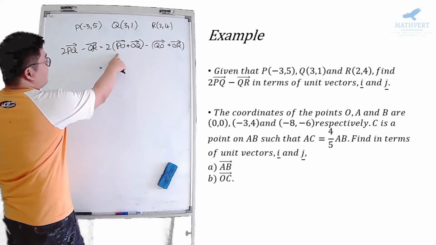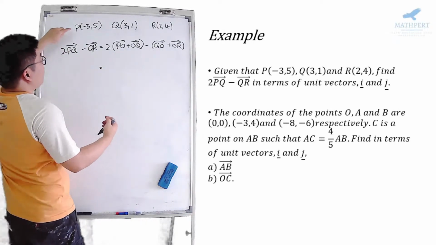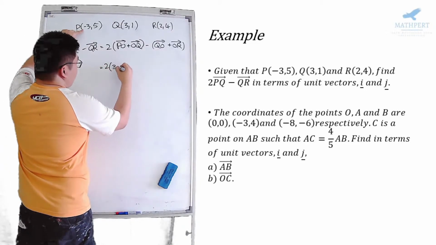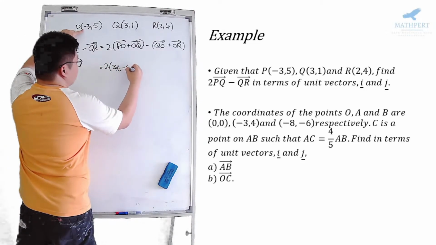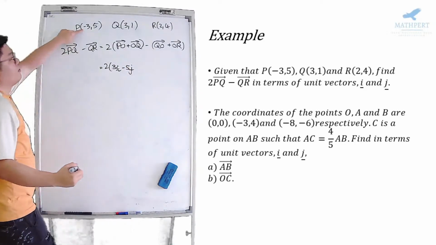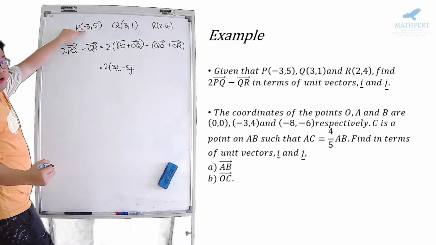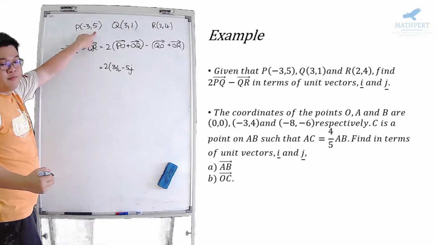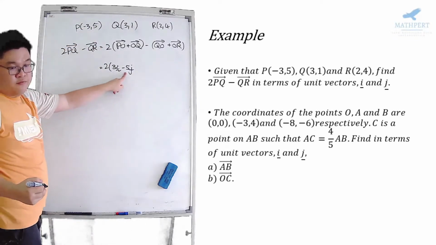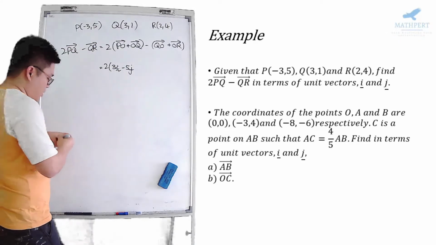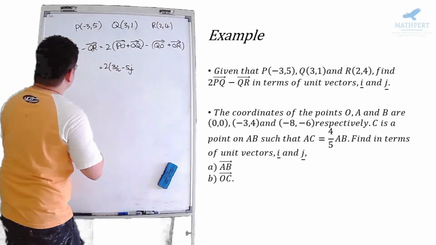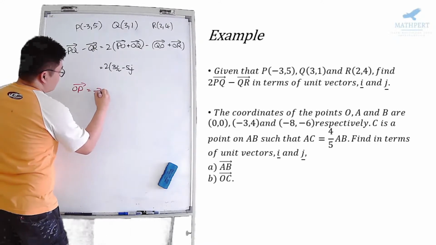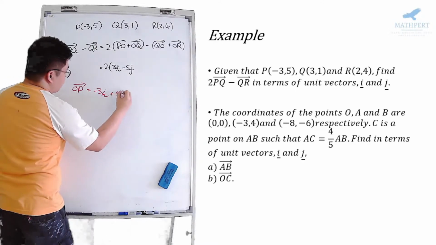PO is negative OP, so this will be 2 multiply 3i minus 5j. Let me do it this way. OP is equal to negative 3i plus 5j.